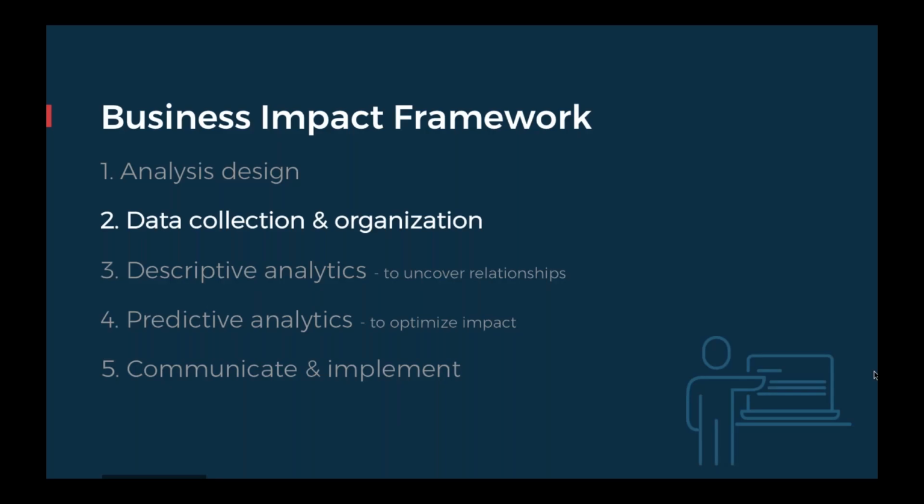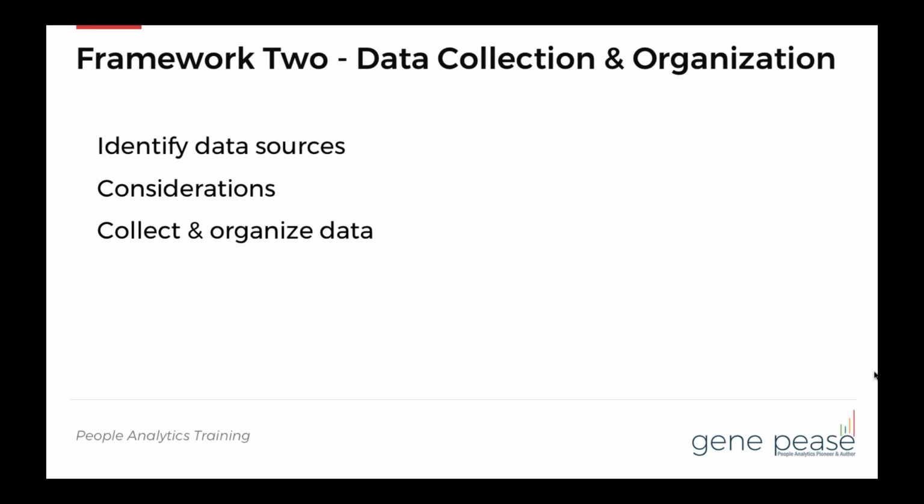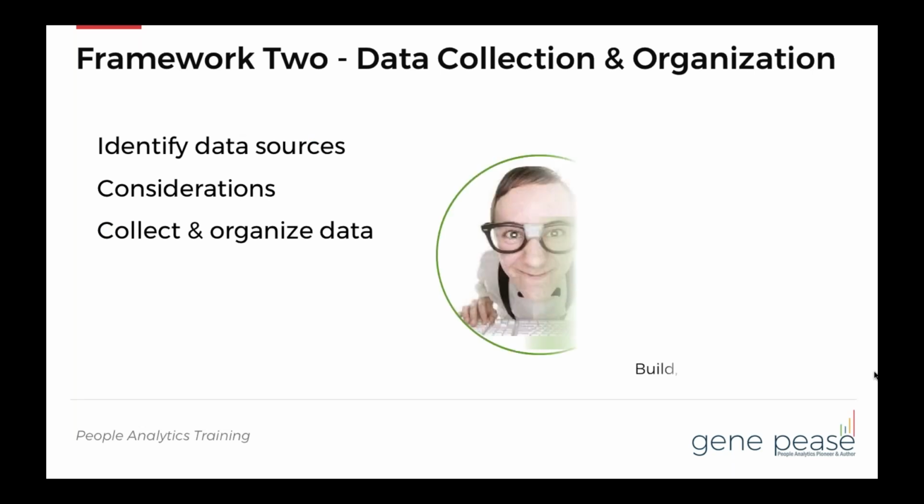The second phase in the business impact framework is data collection and organization. Now, I'm not going to spend a ton of time on this because there's a significant amount of research material, my course goes into it, etc., on how to organize data. But we've identified our data sources. We need to rethink some things, and then we need to collect and organize that data.